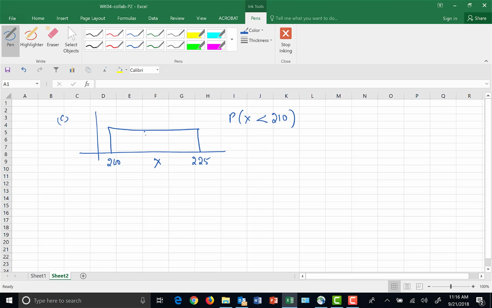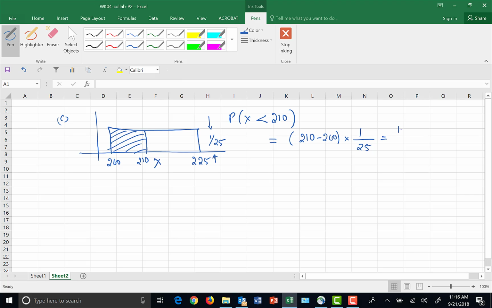Okay, so let's say this is 210. So I want to know the likelihood of X less than 210, which is the shaded area on the left. This is equal to base multiplied by the height. You remember the height was 1 divided by 25 from the previous parts of the problem.